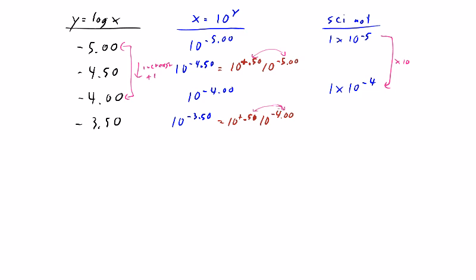When we put in the numbers, if you raise 10 to the -4.5 power, you will see that you get a result of 3.16 times 10 to the -5. And if you take 10 to the -3.5 power, you get 3.16 times 10 to the -4.